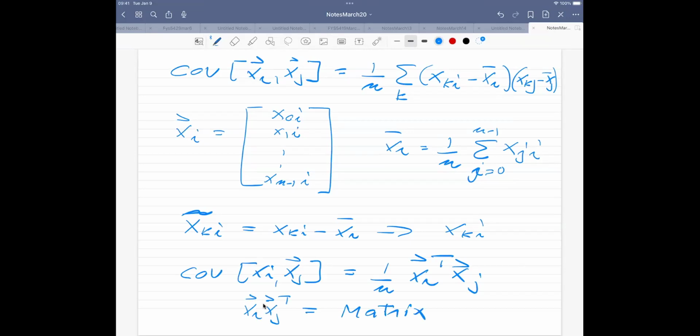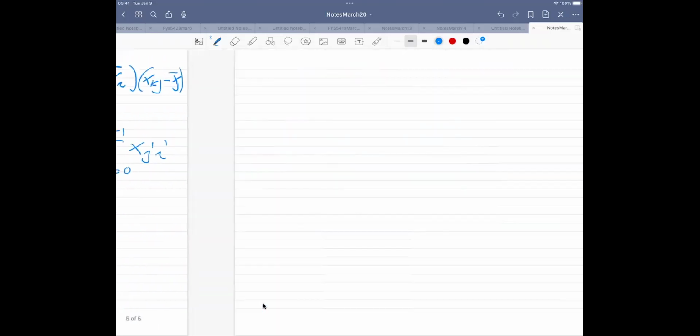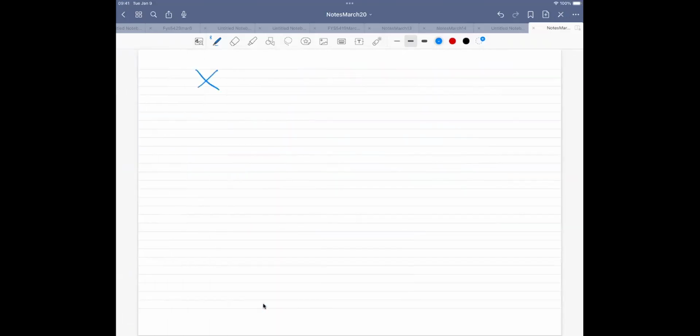Is that okay? So I'm going to use, and I used that last week, this notation here to indicate a specific matrix element of the covariance matrix. So the case which we looked at last time, so let's quickly remind ourselves of it, was a matrix X. So this is hopefully a matrix. And this could contain the vector x0, x1 with arrows on them, like that.